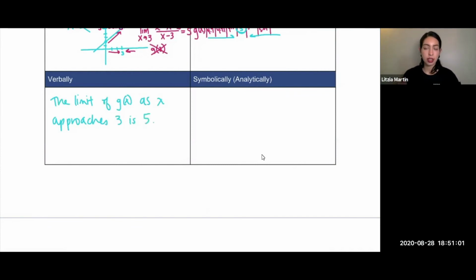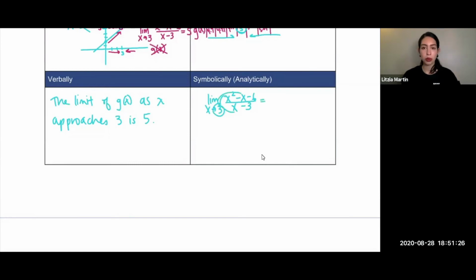And now, analytically, with our function, we have the limit as x approaches 3 of x squared minus x minus 6 all over x minus 3. So we said in the earlier problem that we would do direct substitution, meaning we take this 3 and plug it into all of our x's.